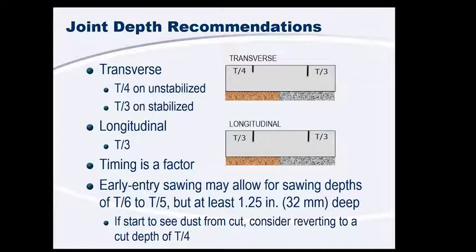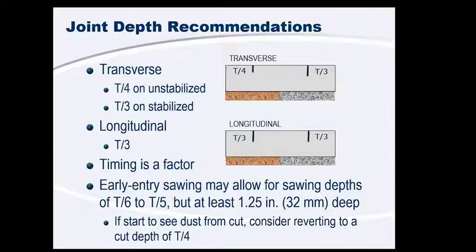So we've already talked about timing, how timing is a factor. But with early entry saws, you can notice that a lot of times it's playing on the mechanics of the materials, and so you can get on there a little bit earlier and you can actually saw those a little bit earlier. And that way you're still getting a significant amount of aggregate interlock. So the limits on those are typically going to be around 1/5 to 1/6 of the thickness of the pavement, but you never want to be less than 1.25 inches, because you really need to make sure that that crack actually does propagate.